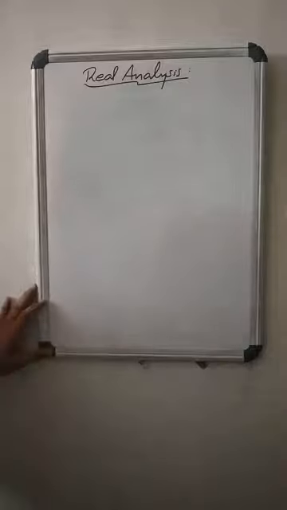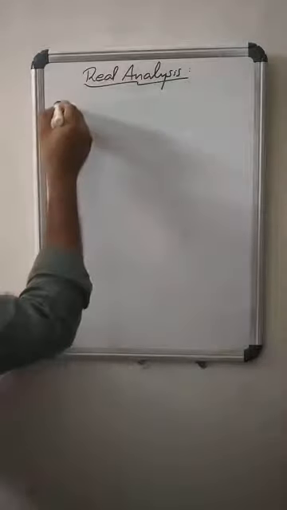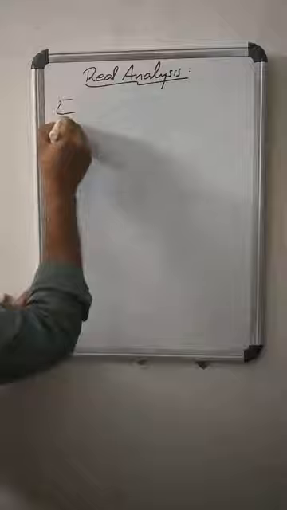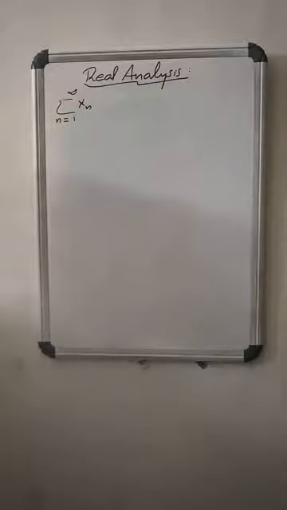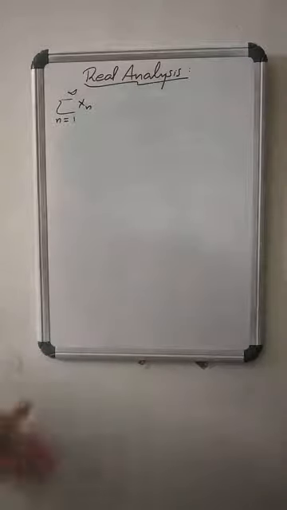So, what is a series? Consider that a1, a2, etc., an is a sequence. Then a1 plus a2 plus etc. plus an is its corresponding series. The infinite series means sigma n ranges from 1 to infinity xn, that is x1 plus x2 plus etc. and so on.